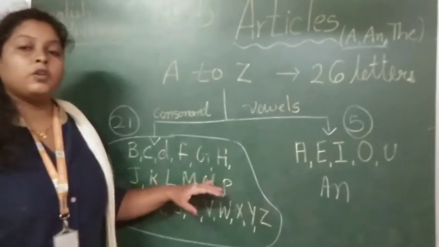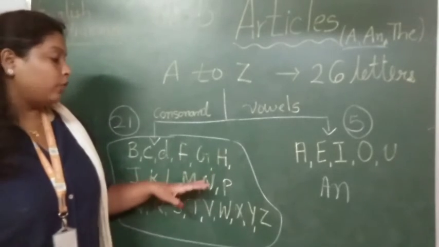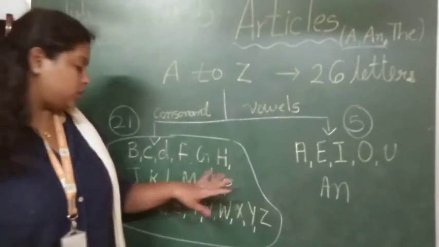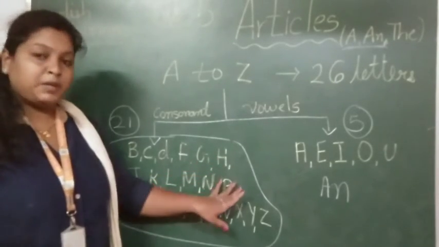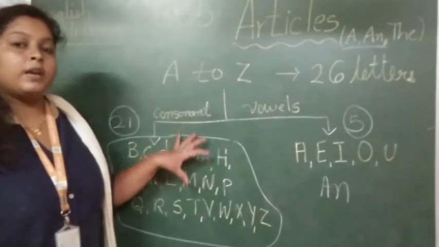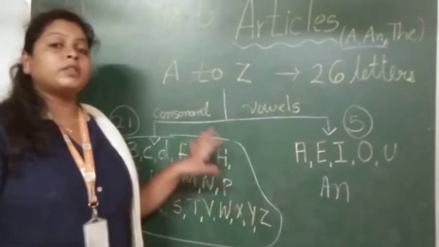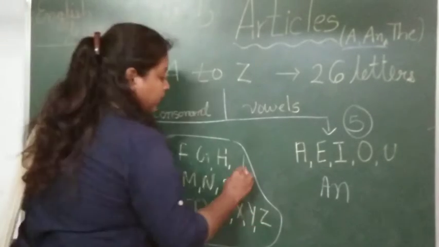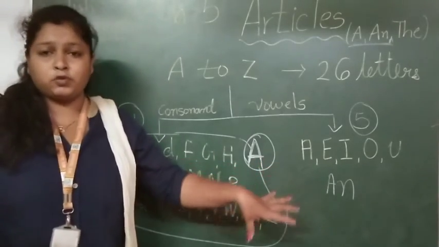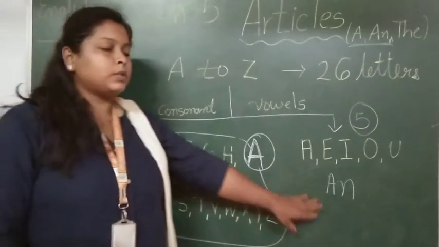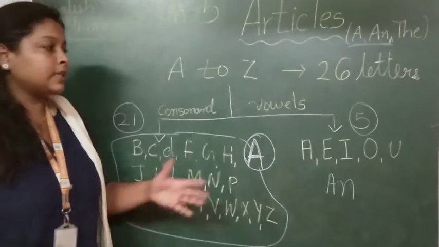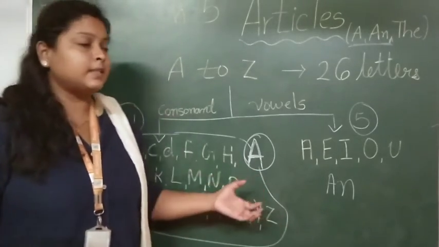Okay? And where you have to use the article A, wherever you find a consonant, that is B, C, D, F, G, H, J, K, L, M, N, P, Q, R, S, T, V, W, X, Y, Z. So wherever you find a word starting with a consonant, there you have to write the article A. One thing you have to keep in your mind, and this table you have to keep in your mind: where you have to use AN and where you have to use A. Once again I am going to explain and revise this.